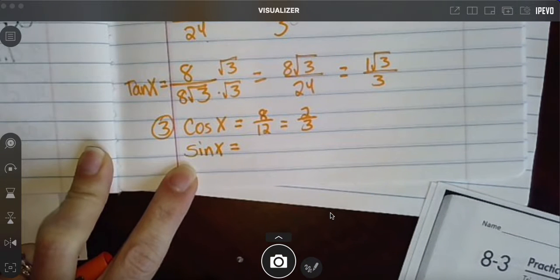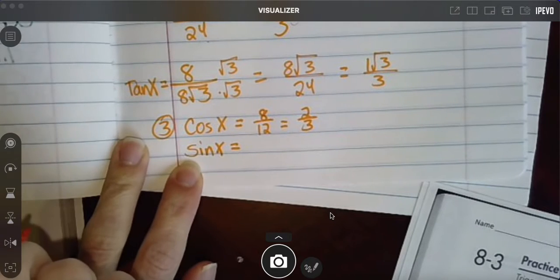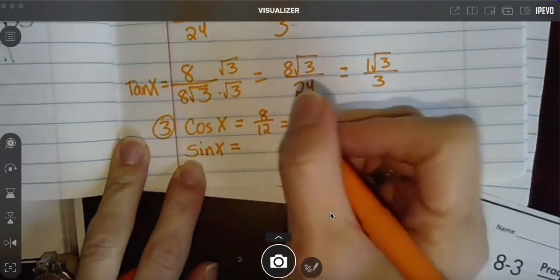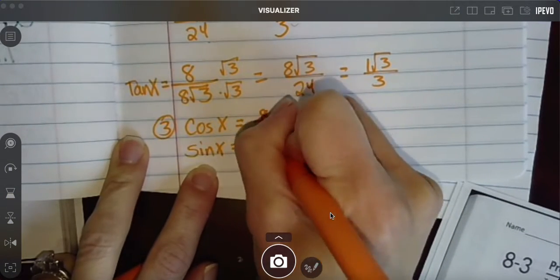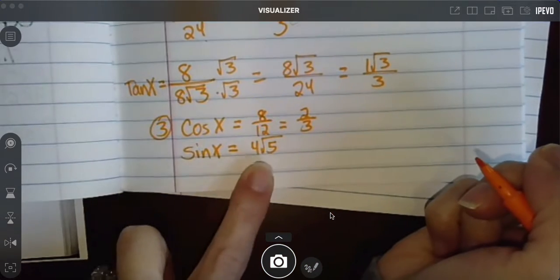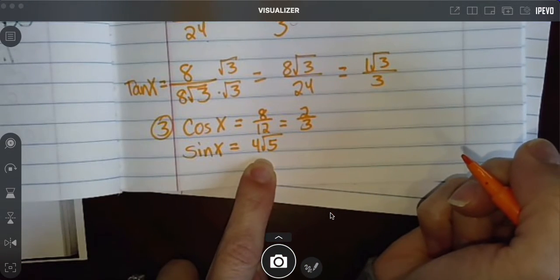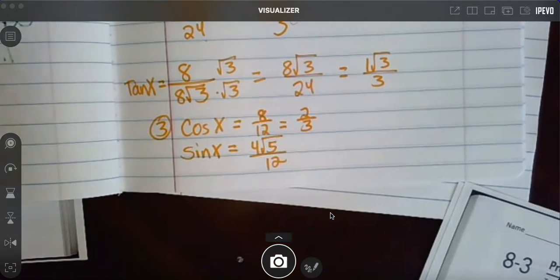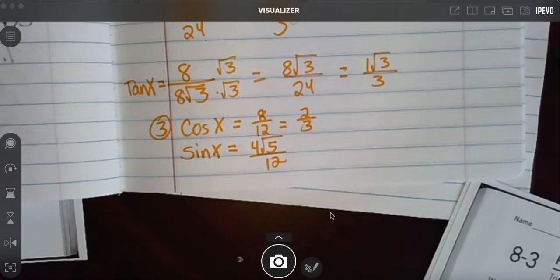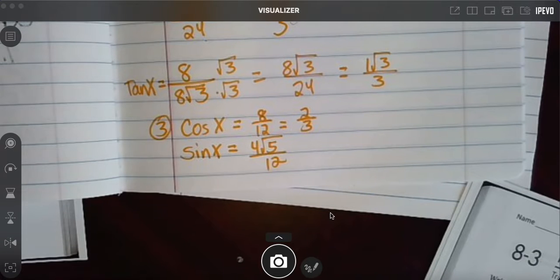Well, okay, what's the opposite? 4 square root of 5. That's your opposite, and what's your hypotenuse? 12. Can y'all see that there's something that needs to be reduced there? 4 over 12. It can be reduced. Did y'all reduce it on your paper?